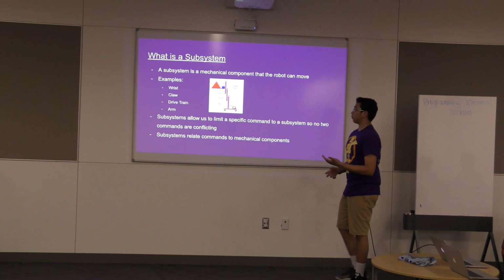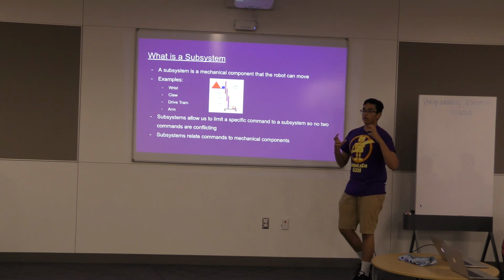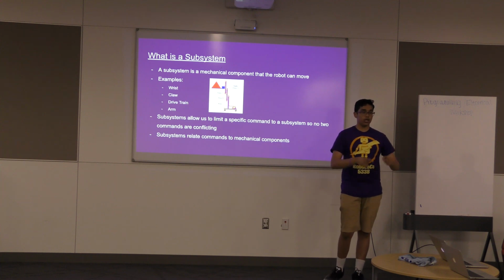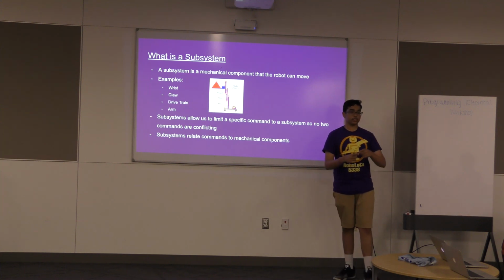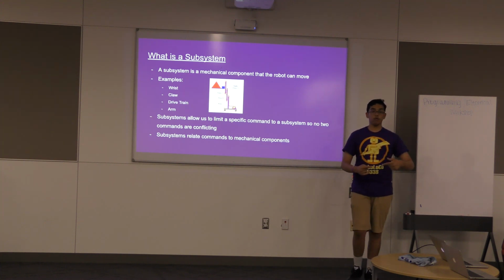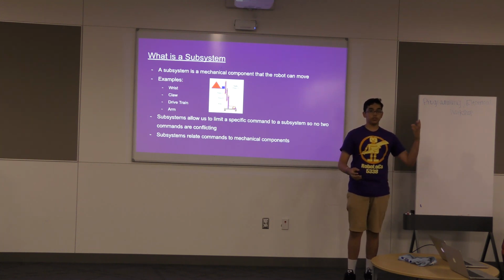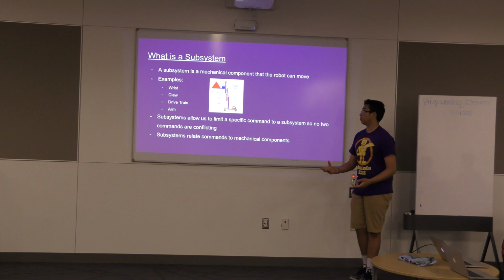That's where object-oriented programming comes in. A subsystem takes your code and makes sure it's linked to something on your robot, because if you write code for something that's not on your robot, it's pointless. So a subsystem essentially links what you're writing in code to what's on your robot.